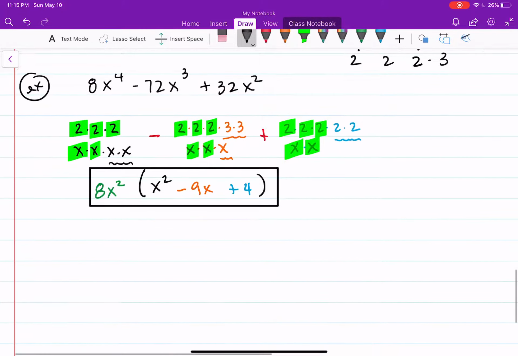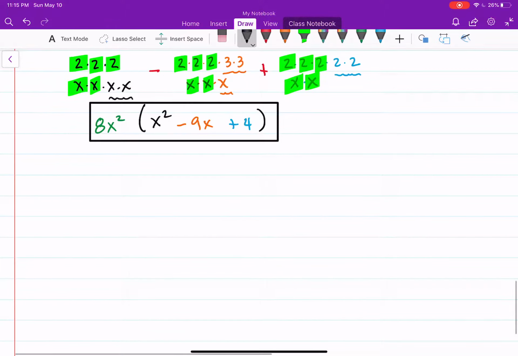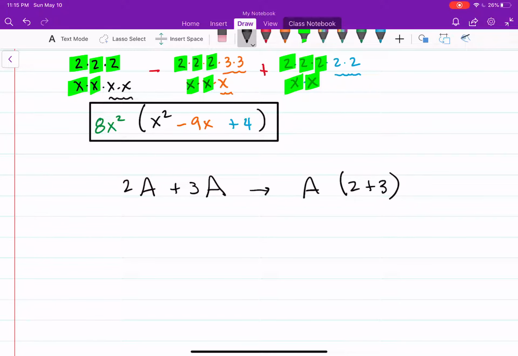Not too shabby? All right, so the next thing I want to talk about is this. What if... So, if I said to you, I have a 2a plus a 3a, you'll tell me that the common thing in here is going to be an a, leaving you with 2 plus 3.